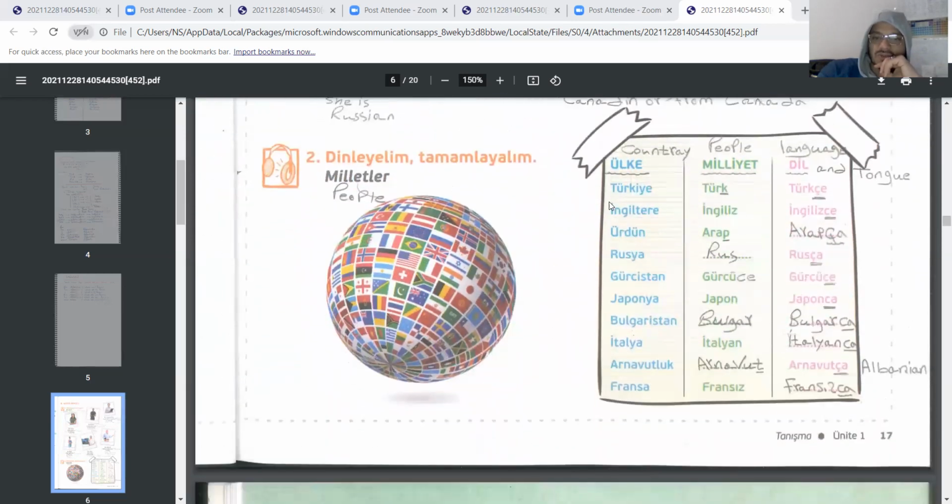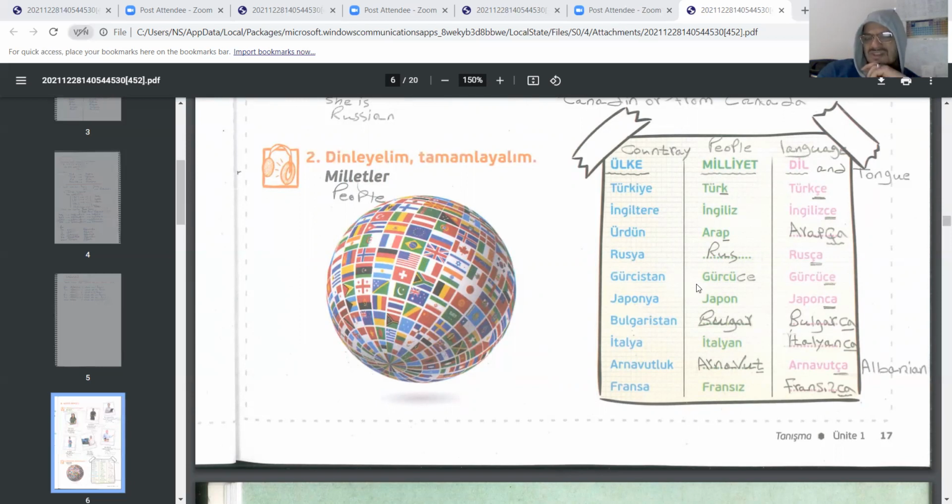Here, like we say, ülke means country: Türkiye. Millet, people: Türk. Dil, language: Türkçe. İngiltere, İngiliz, İngilizce. Ürdün means Jordan. Arap, Arapça. Rusya, Rus, Rusça. Rusça, not Ruşça, because fıstıkçı. Gürcistan, Gürcüce.